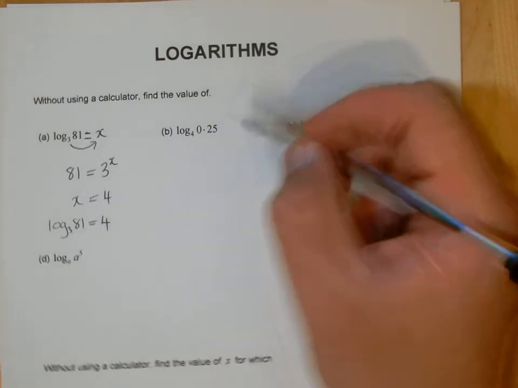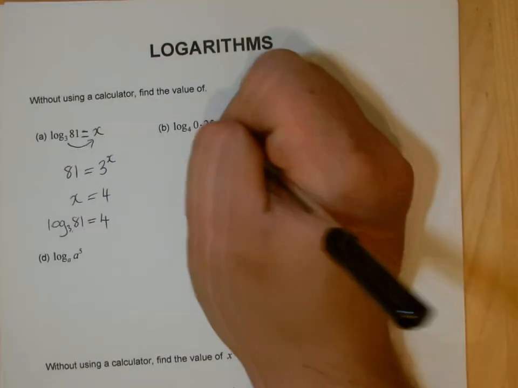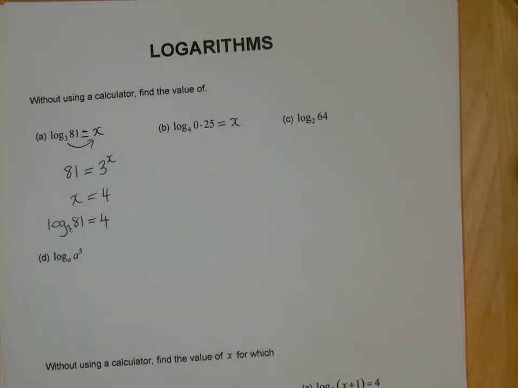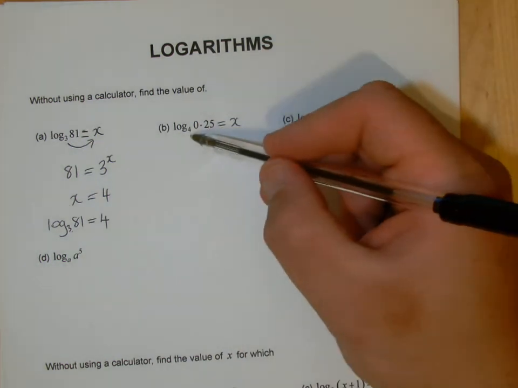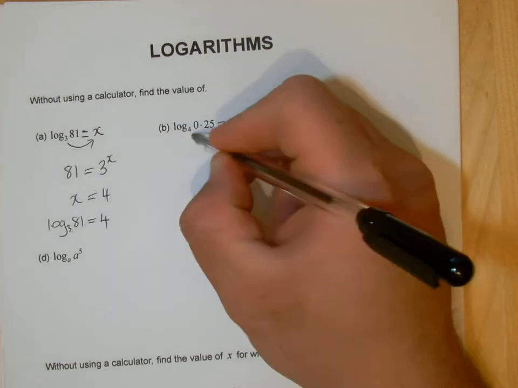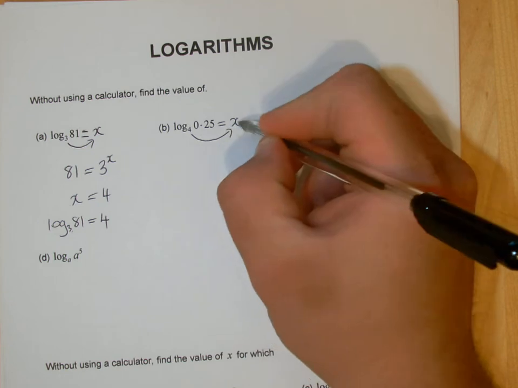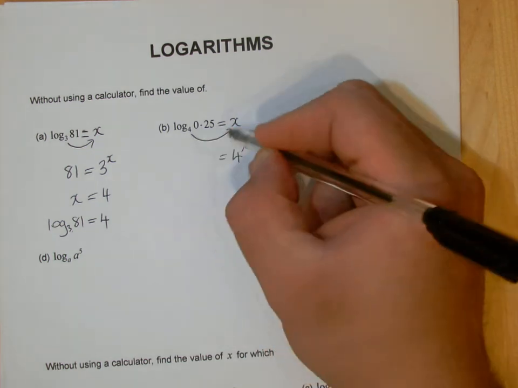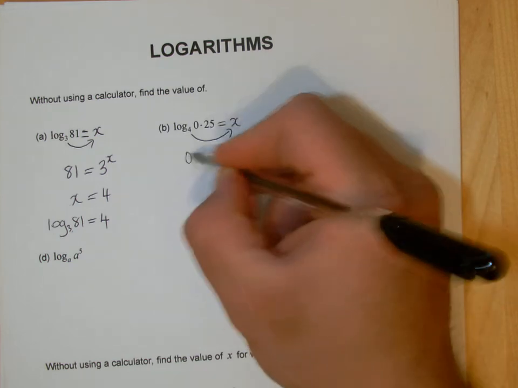So the same here. We want to work out what this is without a calculator, so let's put it equal to power x. Well, the base is 4, so let's get rid of the logarithm. Take the base back over to that power, so it's 4 to the power x, and then 0.25 on this side.